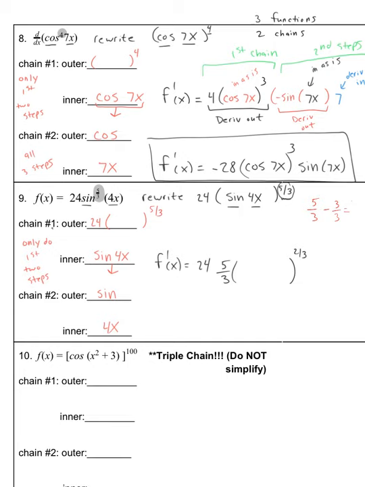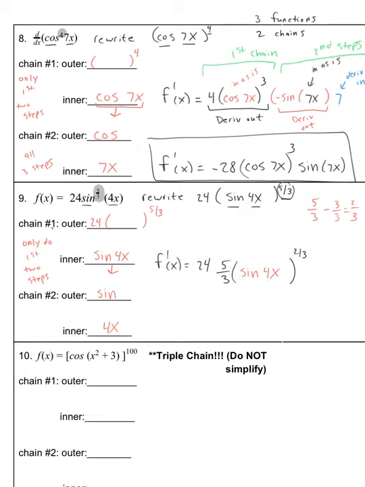That's how we get the 2/3. Okay, so now we plug in the inner as is. So we plug in the sine of 4x right here. Alrighty, so the sine of 4x. That is my first chain. After the first 2 steps, derivative of the outer, plug in the inner as is.